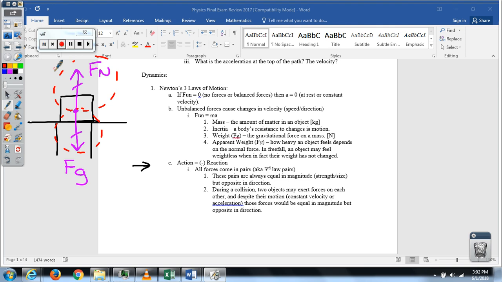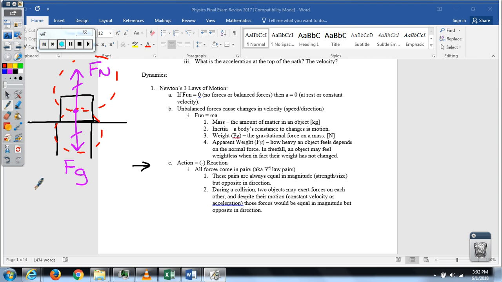A lot of people make the mistake of thinking that these two forces are what we're talking about here, because they are in fact in this situation equal and opposite to each other, but that's not what Newton's trying to describe here.